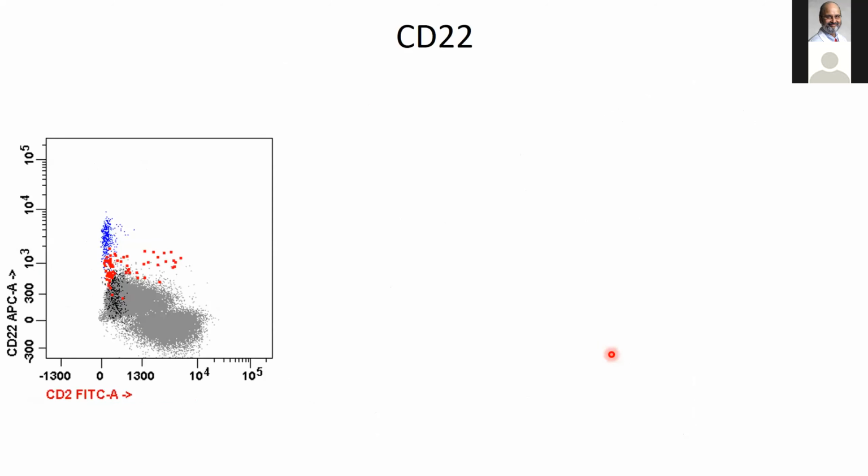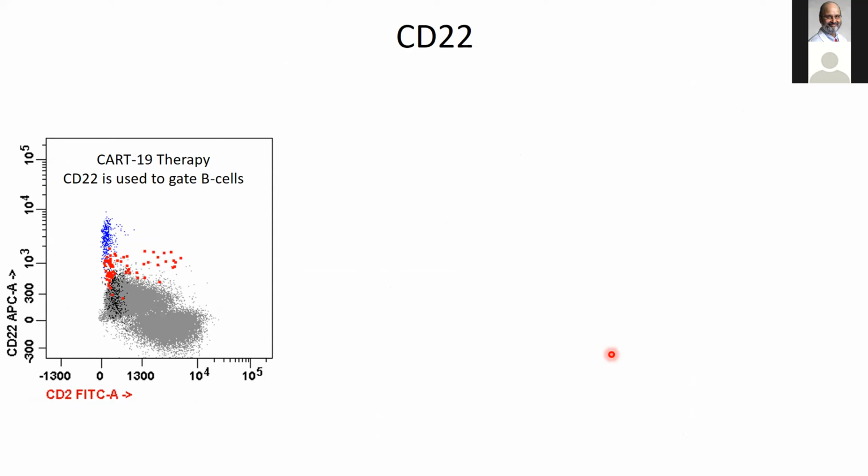Now, I mentioned that CD22 is really important. Why is it important? Well, in today's era, we use CAR T19 therapy for several different diseases. One in particular is B lymphoblastic leukemia.